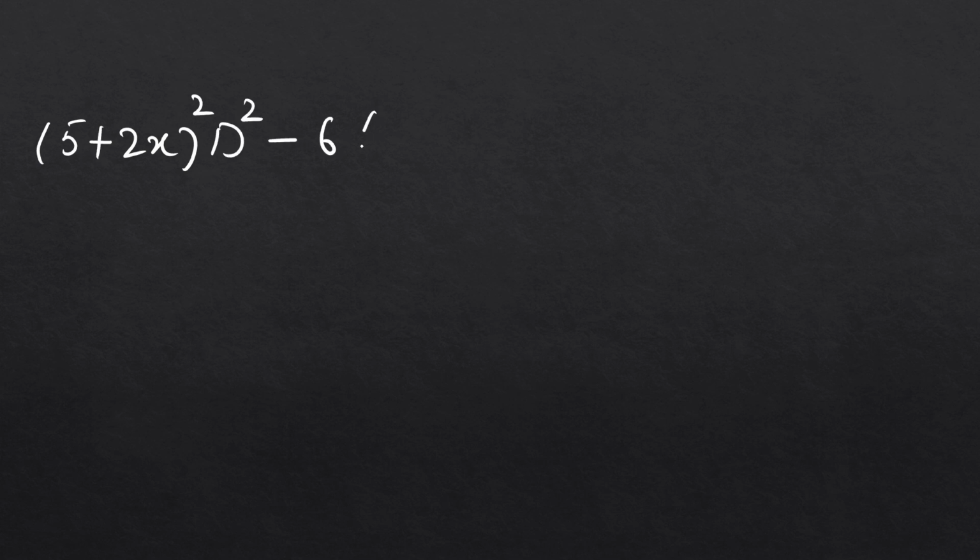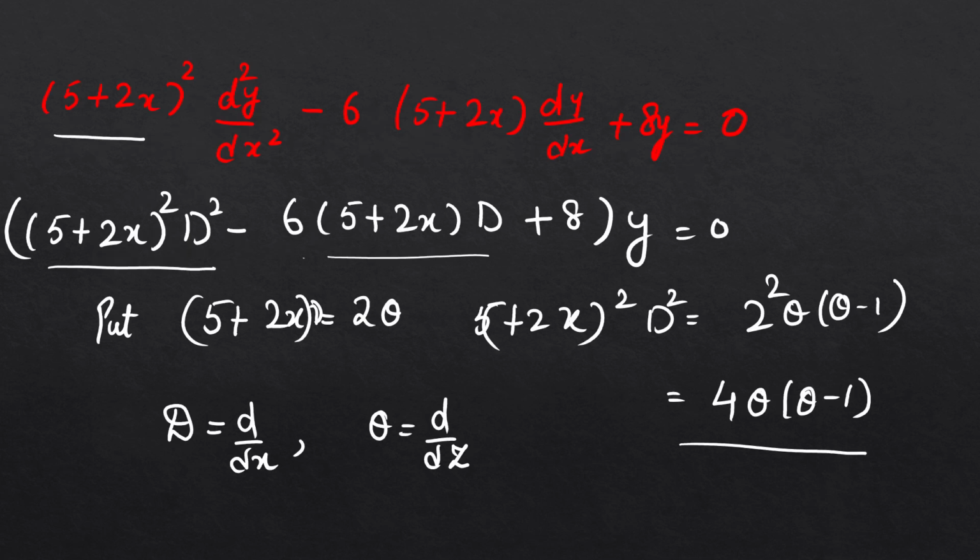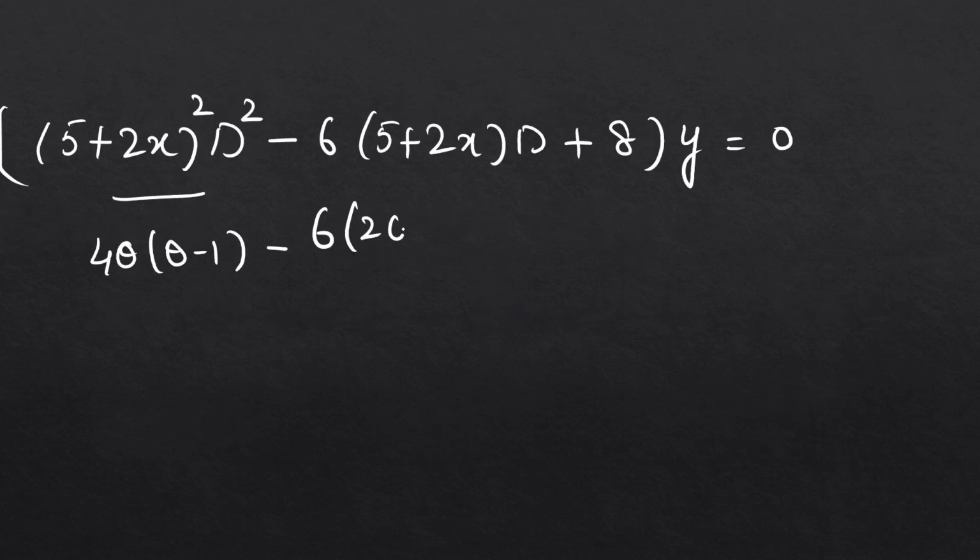So the equation (5 plus 2x) squared D squared minus 6 times (5 plus 2x) D plus 8, y equal to 0, becomes 4 theta into theta minus 1 minus 6 times 2 theta plus 8, y equal to 0.